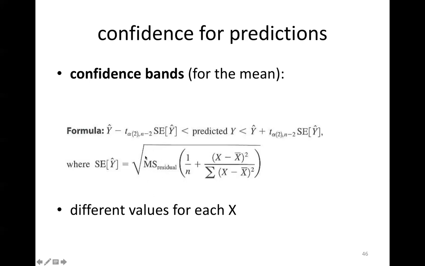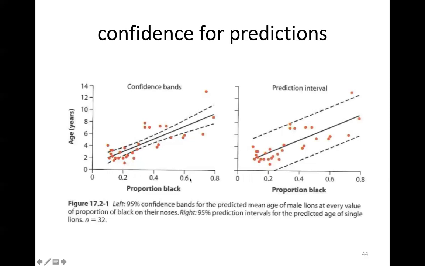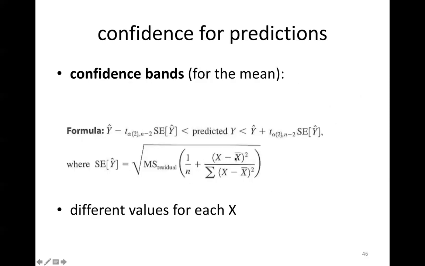It's the residual mean squares, so overall, the sum of squares for the residuals divided by degrees of freedom, times this component, 1 over n plus the product: the difference between that x value, so we're talking about a single x value, right, like 0.6, and the mean of x, squared, divided by the sum of squares for x.